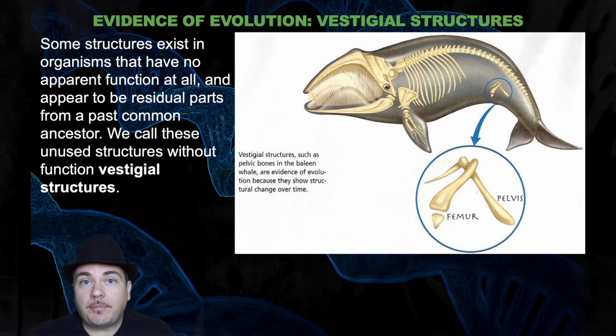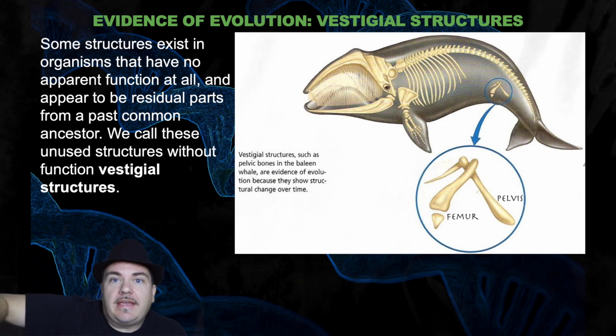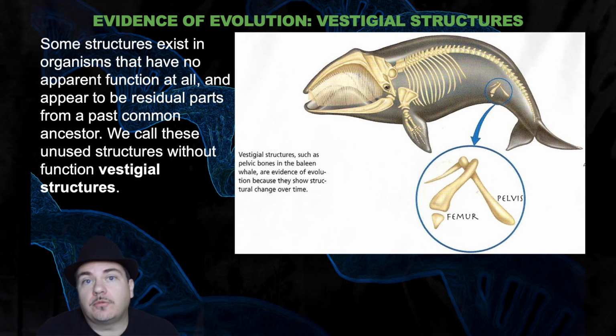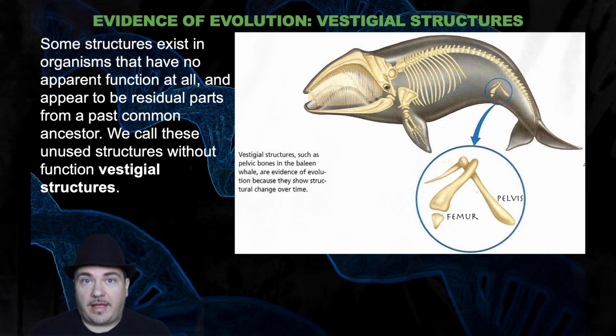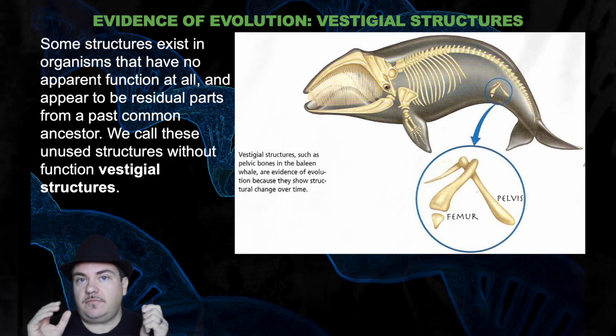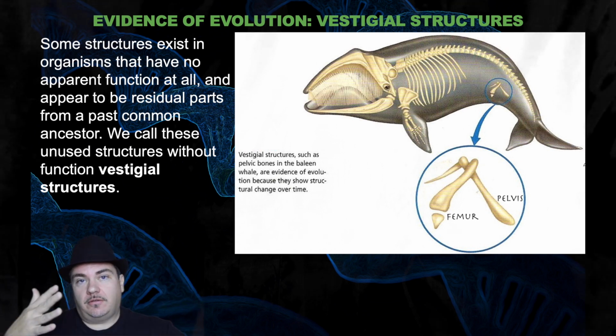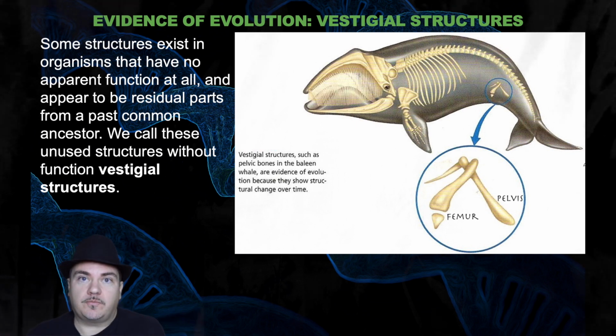Why? Because a whale, being a mammal, evolved from something that used to walk on the land. Over time, it became a disadvantage to have that leg hanging there as you're trying to swim through the oceans. So over time, that leg started to get shorter and shorter, started to lose that leg, okay? Just like the flipper's getting longer and longer, or the beetle shell's getting darker and darker over time.